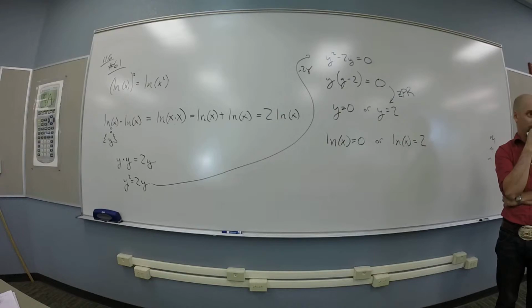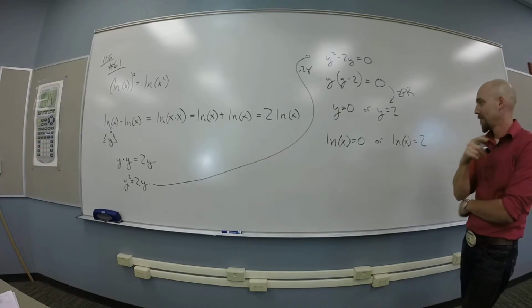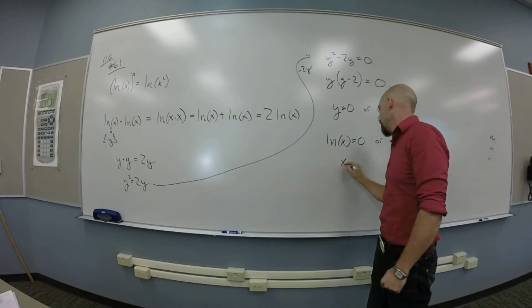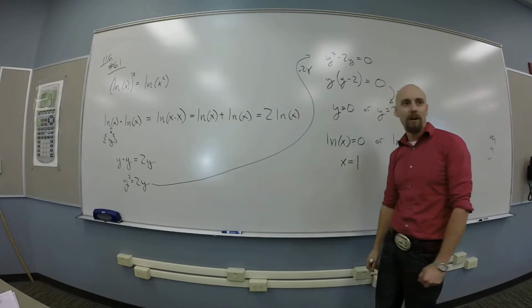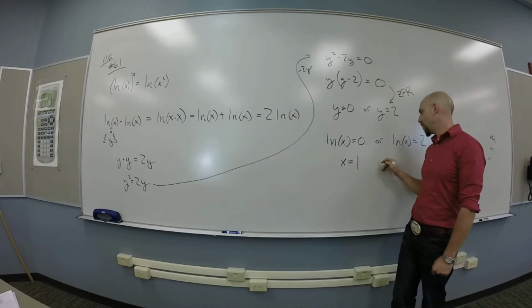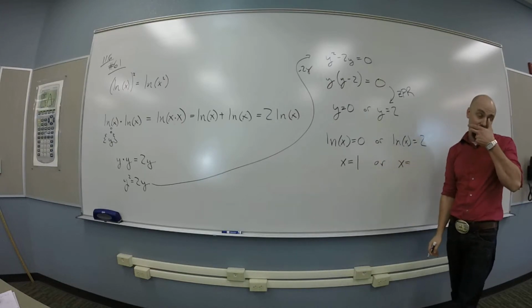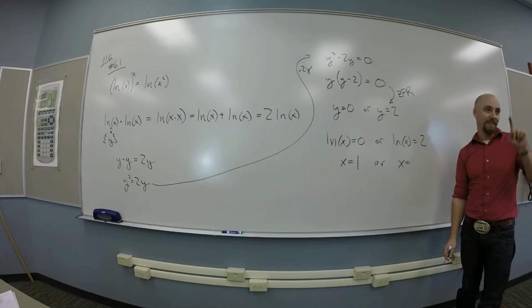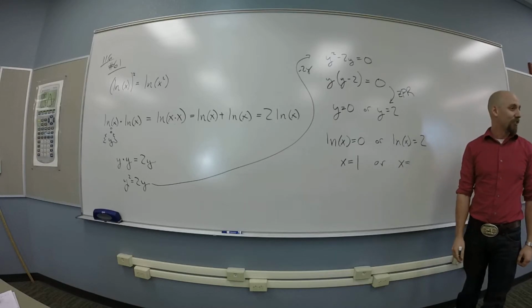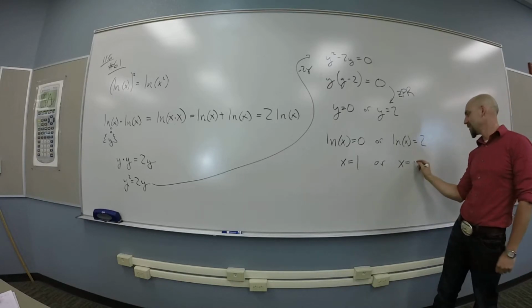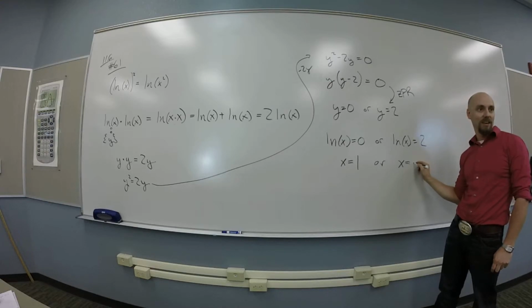So x is 1, right? Or x is, what's the base on log? This is natural log, right? So the base is e, so x is e squared.